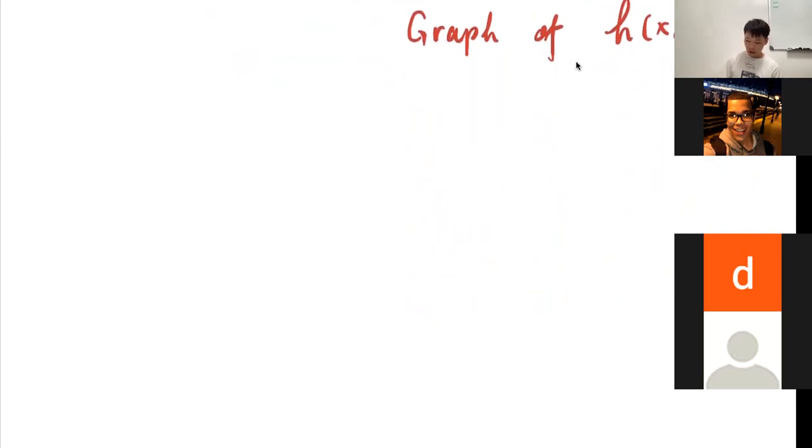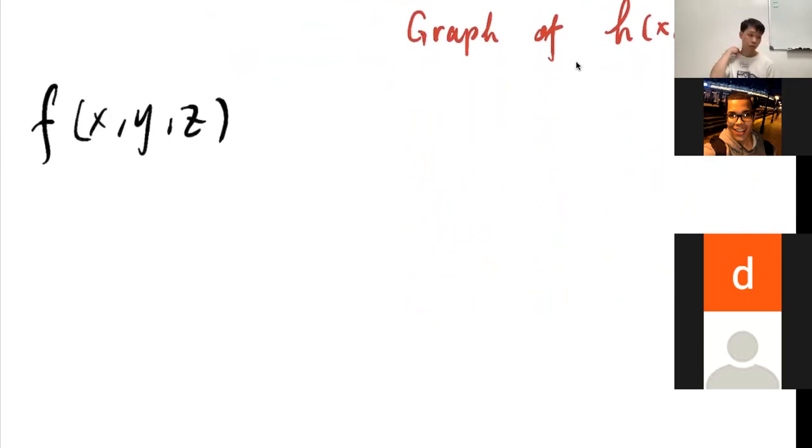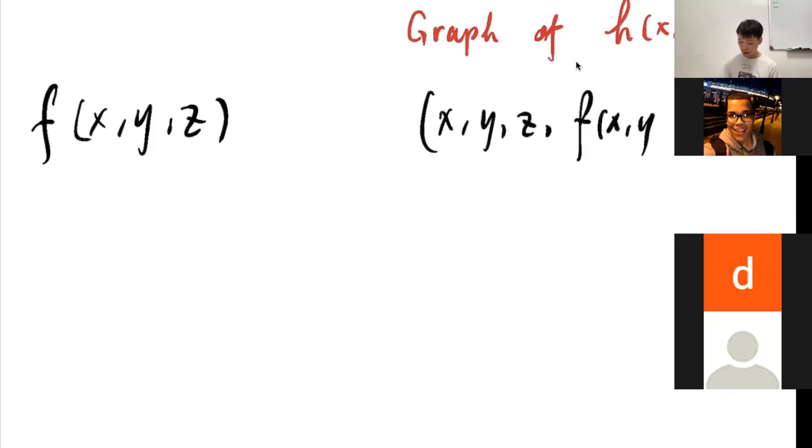Or you can do the same thing for three variable functions, except in this case, it's really hard to visualize the graph of f because the graph of f lies in R4. So in this case, the graph of f is the point x, y, z, and then f of x, y, z. This is in R4.